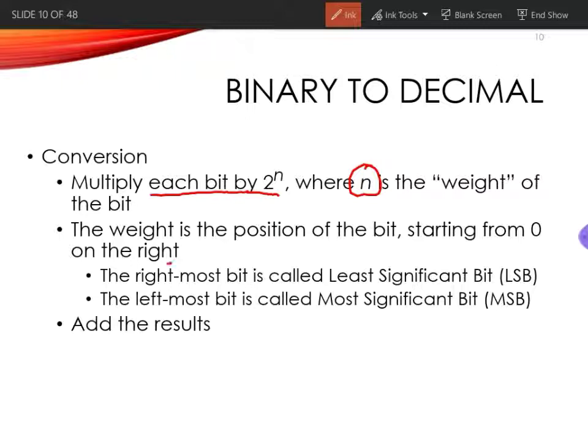It starts from the right, starting at 0, and the rightmost bit is called the least significant bit or LSB, and the leftmost bit is called the most significant bit or the MSB. Once we have done the multiplications for all of the binary digits, we then add the results.